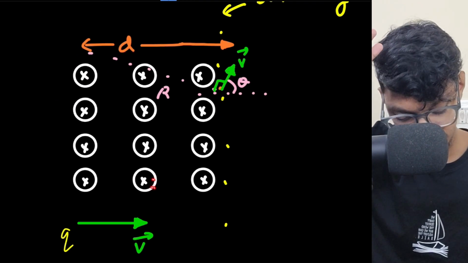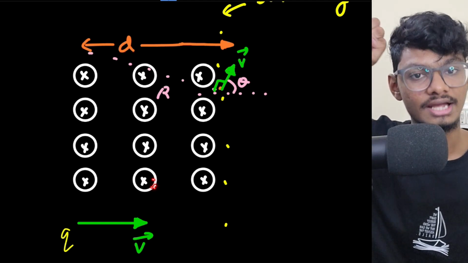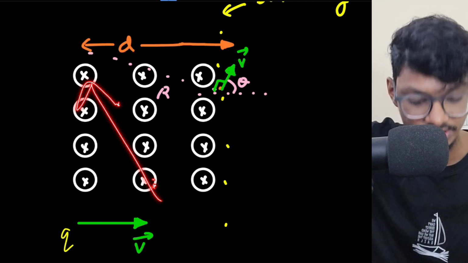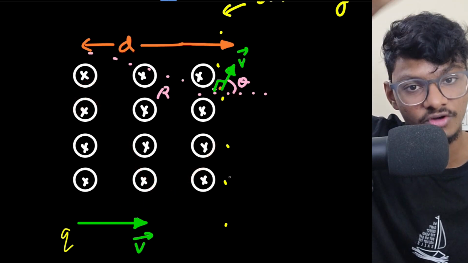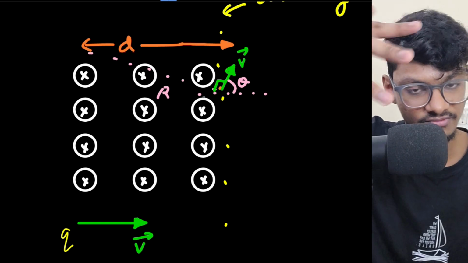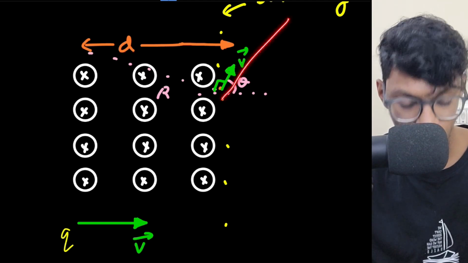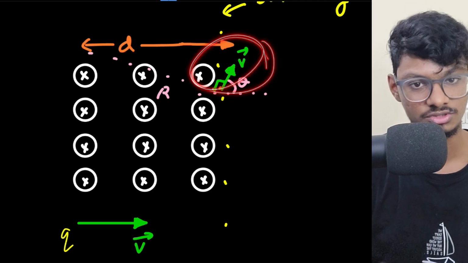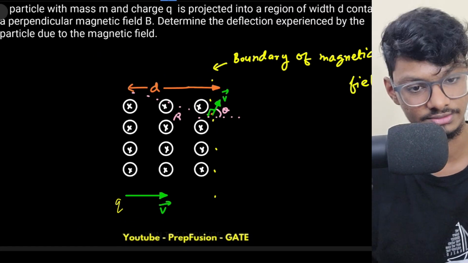Here it was in the presence of a magnetic field, the force was acting radially inwards, so it was in uniform circular motion. But just at this point it went out of the magnetic field, so no force will act, and it will follow linear motion in the direction of the velocity it had previously.